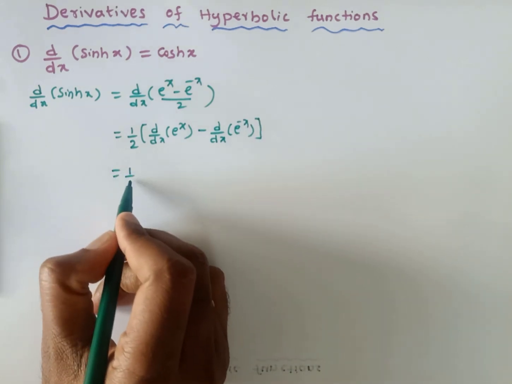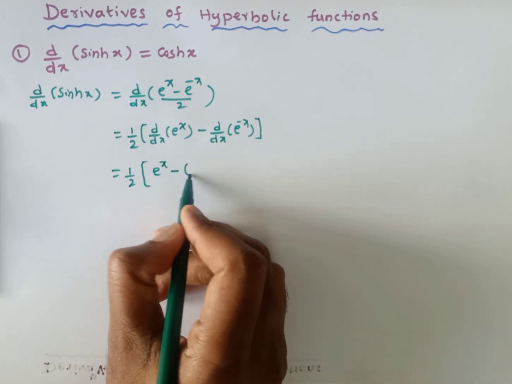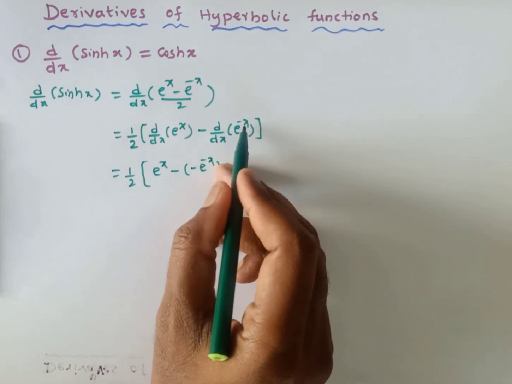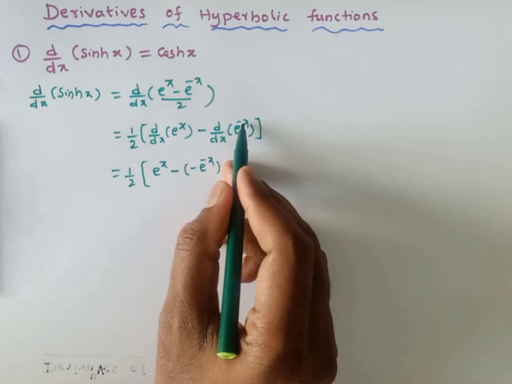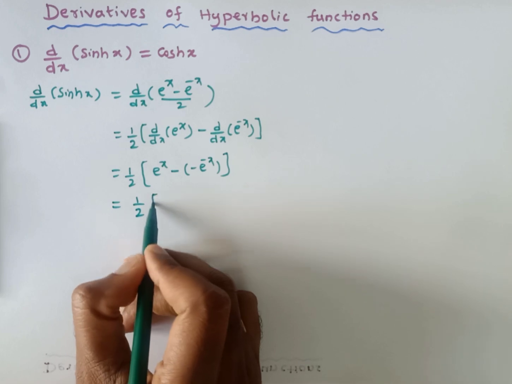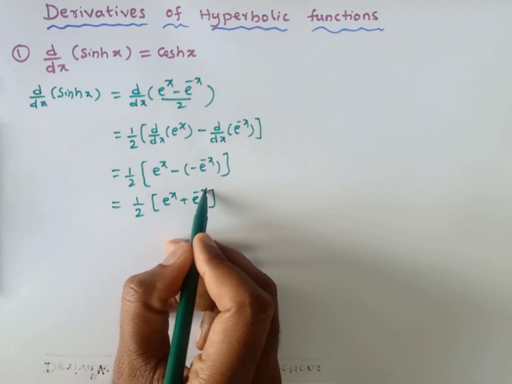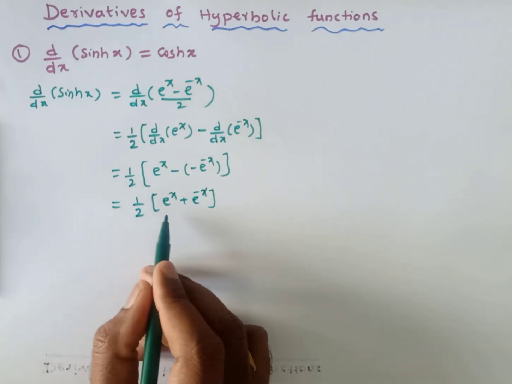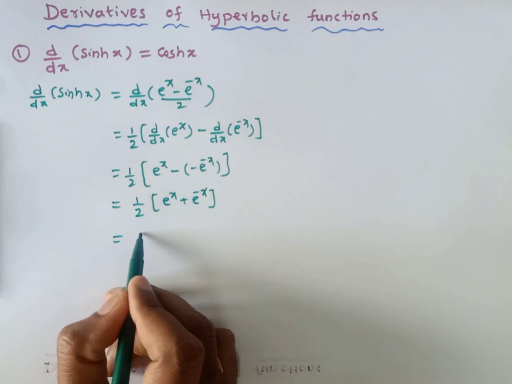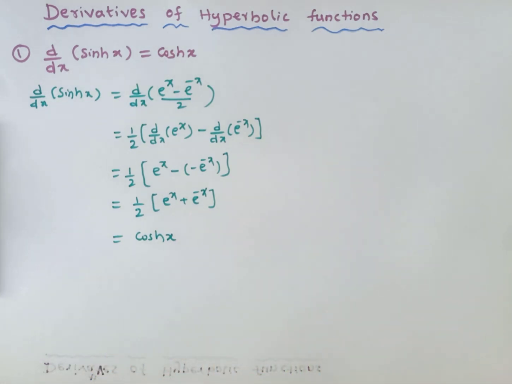So this is 1 by 2 times: the derivative of e power x is e power x, minus the derivative of e power minus x, which is e power minus x into the derivative of minus x, that is minus 1. So finally this is 1 by 2 into e power x plus e to the power of minus x. And e power x plus e power minus x by 2 is the definition of cosh x. So therefore the derivative of sinh x is cosh x, right?